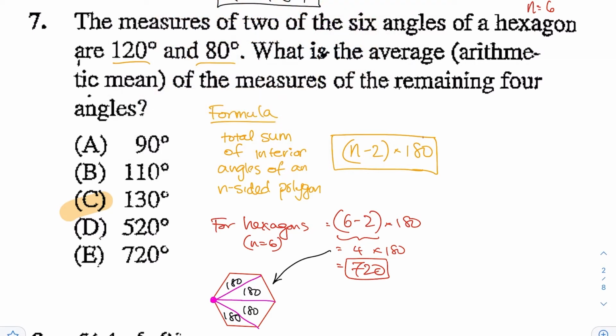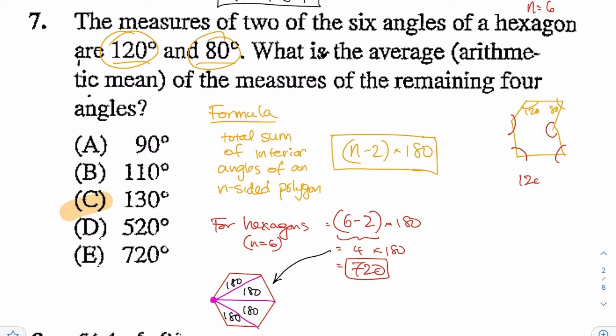Anyway, so once you know that the total should be 720, 2 of them are 120 and 80. So, again, not drawn to scale here, but that's about 120 degrees, and 80 degrees looks kind of like this. So the other one just kind of looks like that. The other 4 angles, so 1, 2, 3, and 4, you want to know their total.